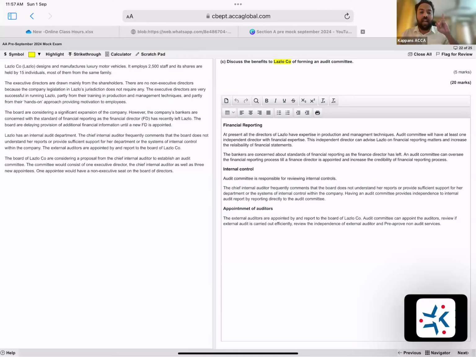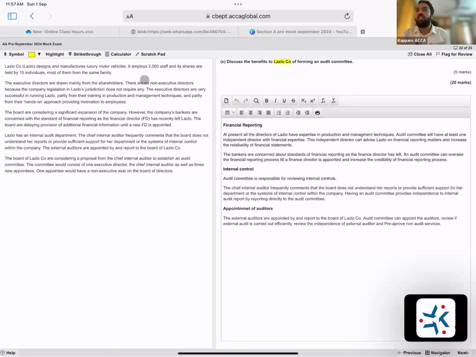One is role and responsibility of audit committee. Second one is advantage of having audit committee. And third one is disadvantage of having audit committee. And you can see that the pre-September 2024 mock exam contains one such direct theory question from corporate governance, the benefits of forming an audit committee.